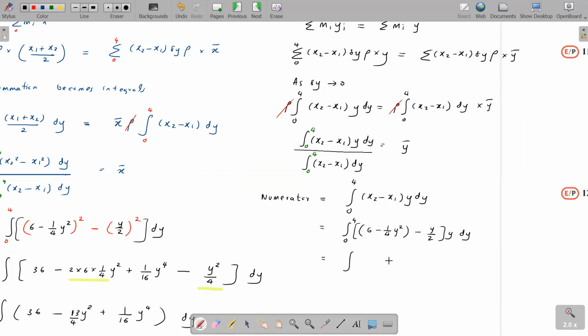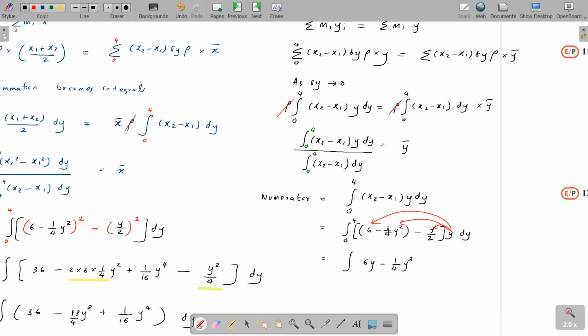So I get here 6 into y is 6y, minus 1 over 4 y square into y. That's going to be 1 over 8 y cube, right? Because we multiply with y. I'm multiplying all the terms with y. I'm sorry, not 1 over 8. This should be 1 over 4 y cube.